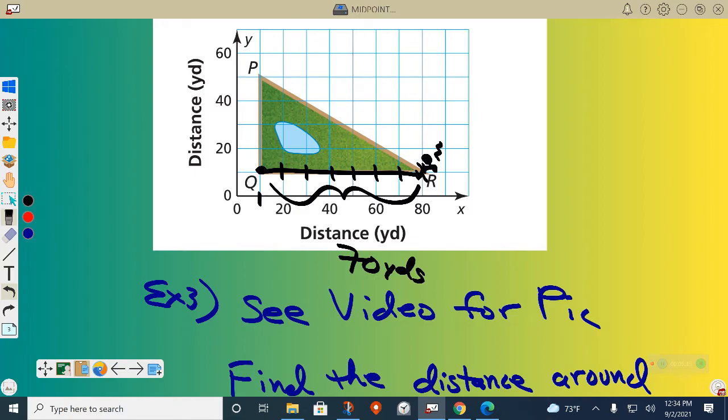Again, you don't have to write this down because this is going to be on the video. So once I'm at point Q, how many more yards to point P? 40. Thank you. 10, 20, 30, 40 more yards. Now from back to where I started.